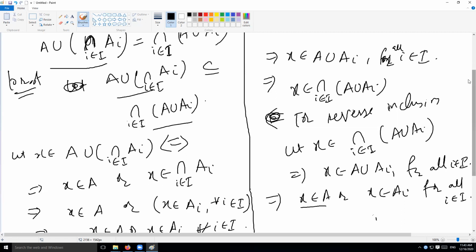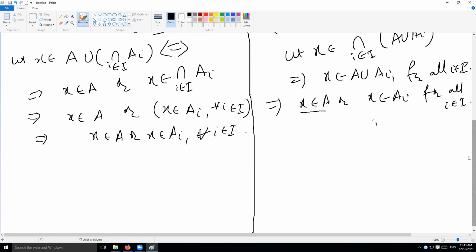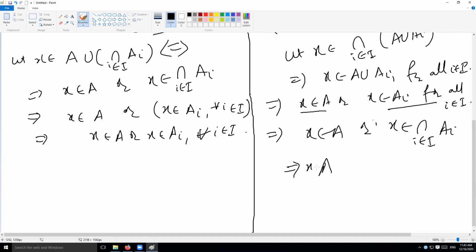Okay. So I can write this as, the same thing, that x belongs to A or x belongs to the intersection of i belongs to I of A_i. Okay? And if this is the case, this means that x is in A union the intersection of i belongs to I of A_i. Okay. Hence, what does it show?